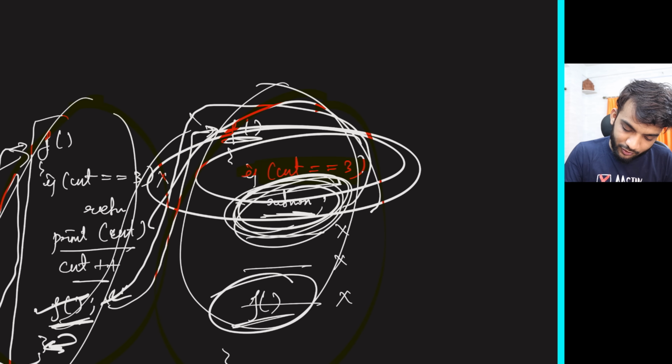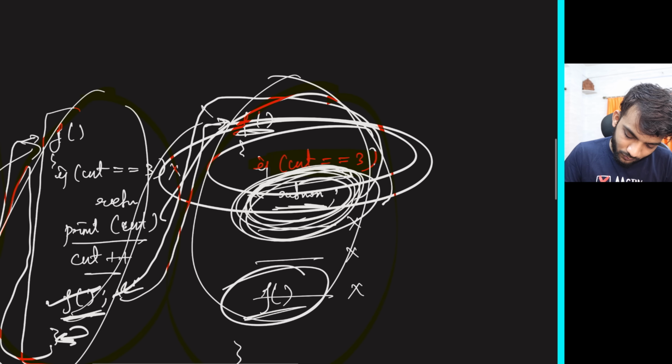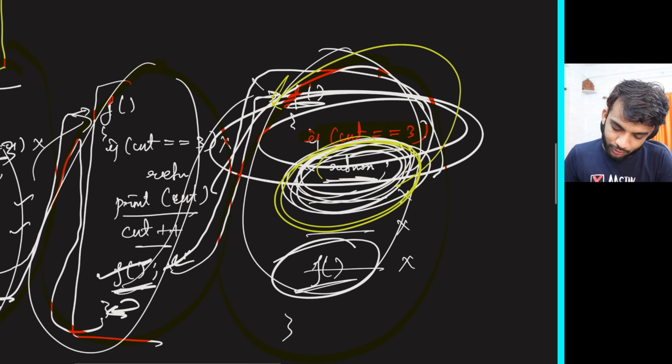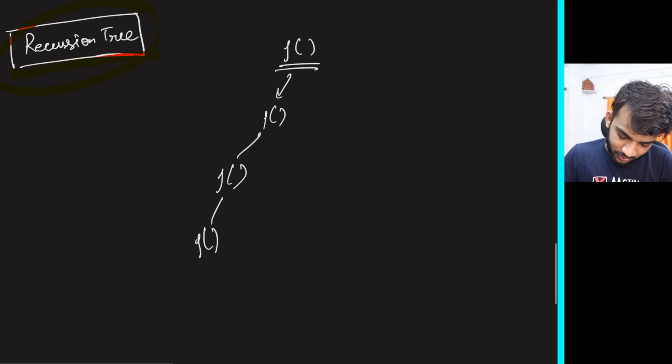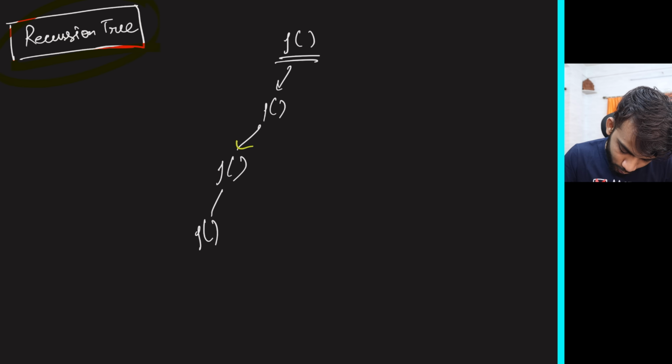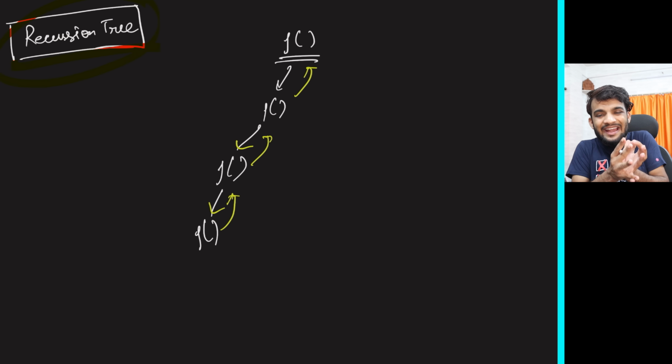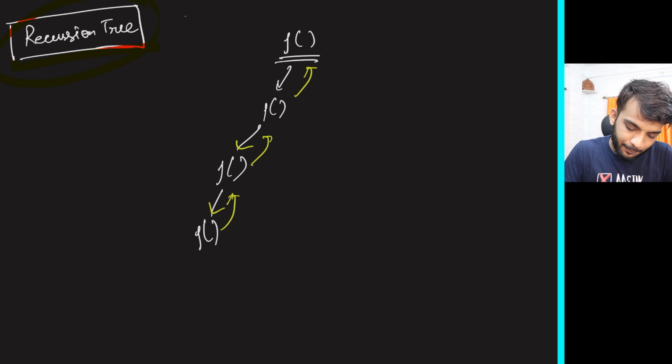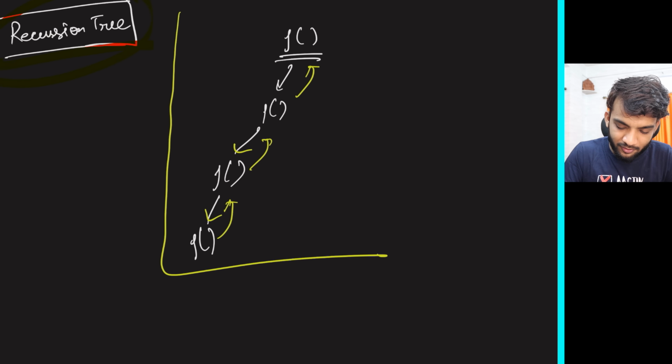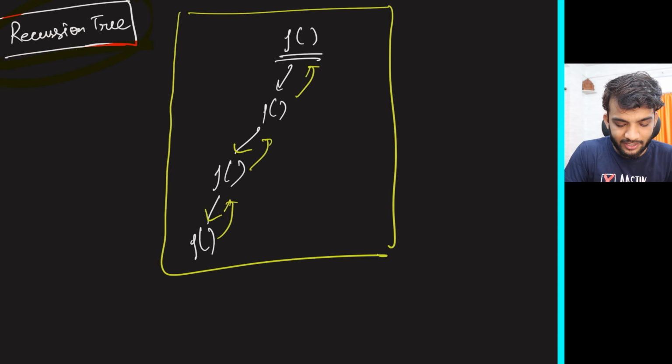This guy, if you carefully observe, this guy returned. So you went, and you returned, and you returned, and you returned. So instead of writing the entire function, we basically represent them in terms of F. Okay, and that is what we call as recursion tree.